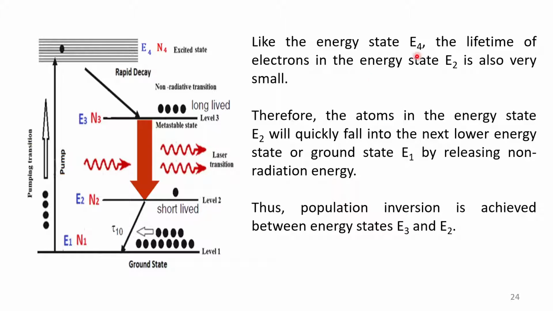Similar to the energy state E4, the lifetime of the atoms in the energy state E2 is also very small, and therefore the atoms in E2 will quickly fall into the ground state E1 by a non-radiative transition. Thus, we can say that the population inversion is achieved between the energy states E3 and E2.